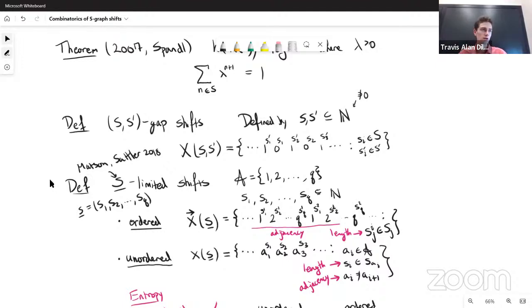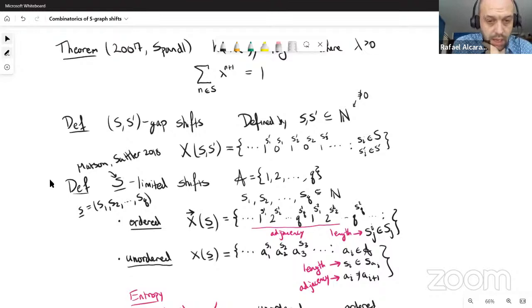Off the top of my head, I remember there are criteria for mixing, specification, some type of almost specification, SFT and sofic, that mostly relate to the sets and not to the graph, as long as your graph is irreducible. But yeah, I think that's the only condition on the graph usually, that it's irreducible.